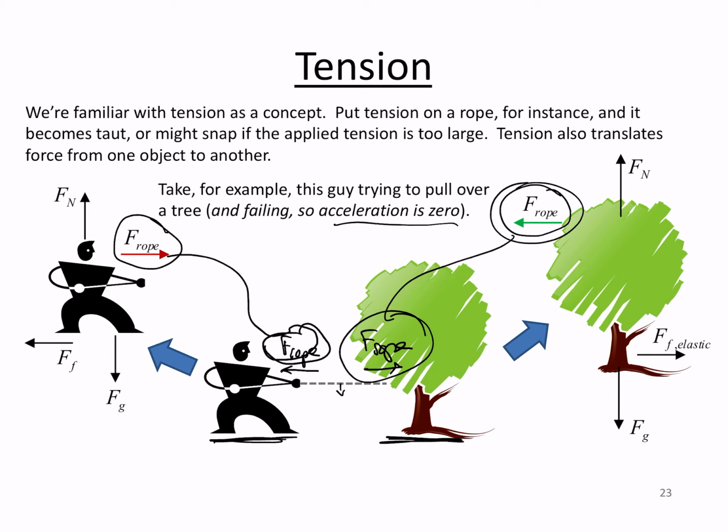All right? So that's the idea behind the tension force. The tension force in this example would just be sort of this force that is acting on the rope and thus acting on the two things that are attached to this taut rope.